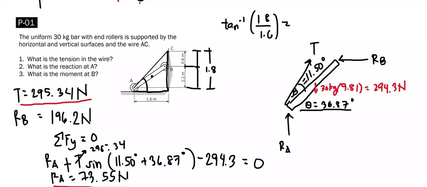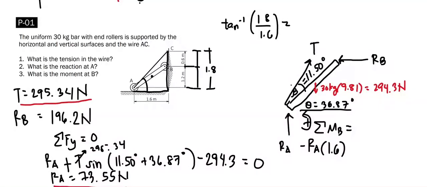So we take summation moment at point B, and then that is equal to the moment due to the reaction at A times the moment arm distance of 1.6, and assuming that counterclockwise is positive, this is negative since it is going in the clockwise direction.